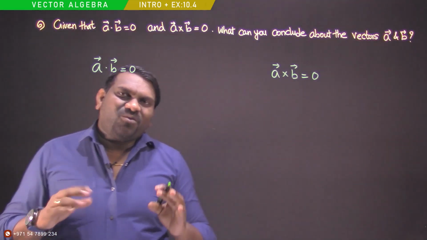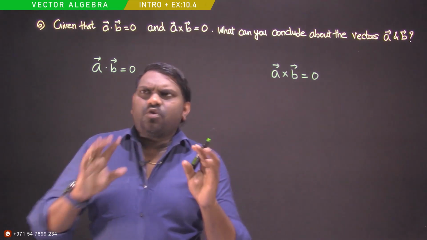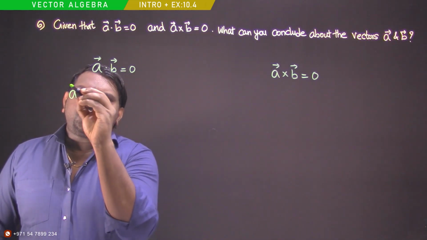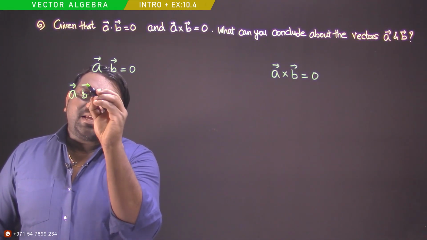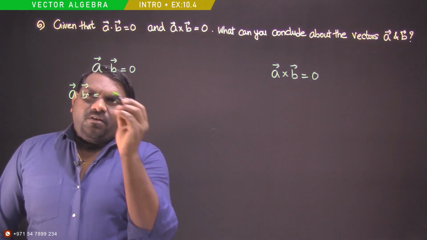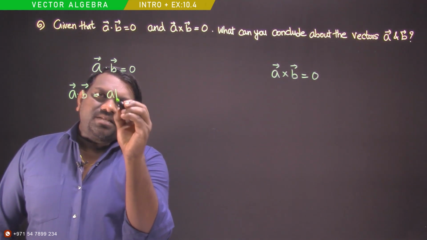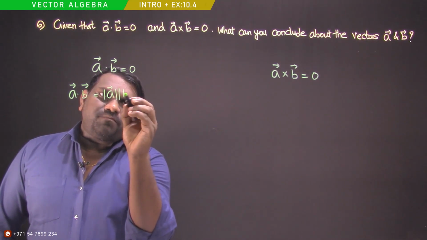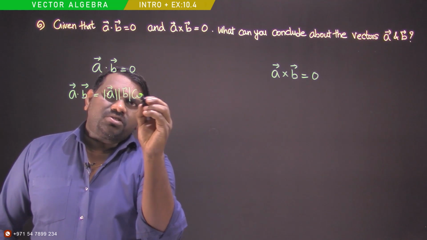First of all, just go for the formula, dear. This is just to make you understand certain things. You know that A dot B is nothing but modulus of A, modulus of B, and then cos theta, right?